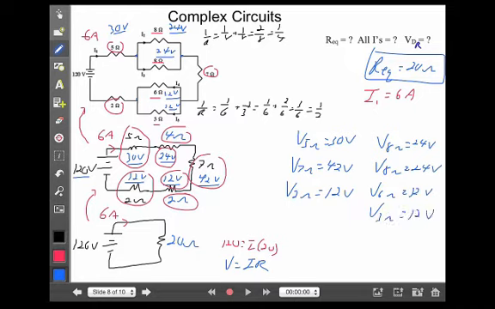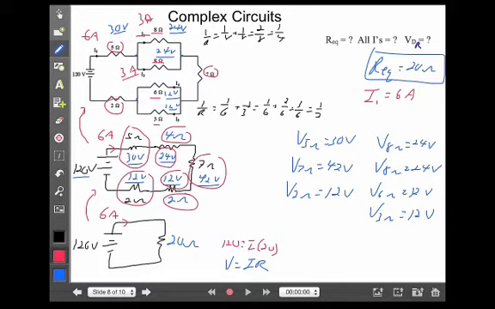Now, to understand why we're right, let's look at what we also need to find, current. Up here at I2, we have 24 volts and 8 ohms. 24 divided by 8 gives you 3 amps. And down here, 24 divided by 8 for I3 also gives you 3 amps.